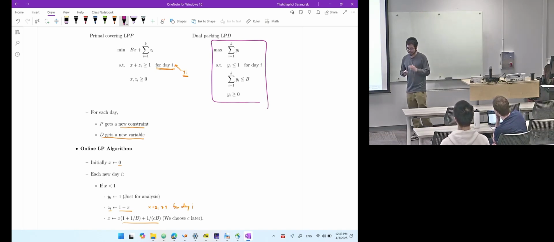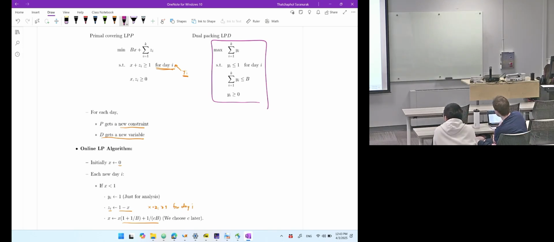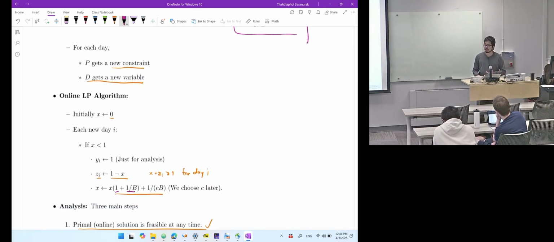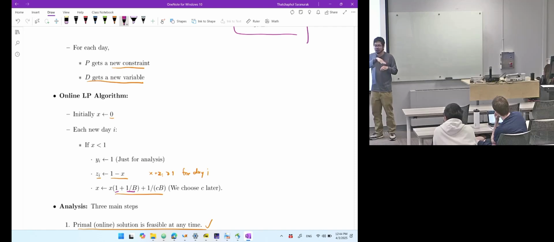So what I get from you is that X never decreases. But what I want to tell you is that we increase X in a specific way, with an exponential rate, something like 1 plus 1 over B. If you increase with the rate of 1 plus 1 over B, you basically expect that after B days, it should be at least 1.